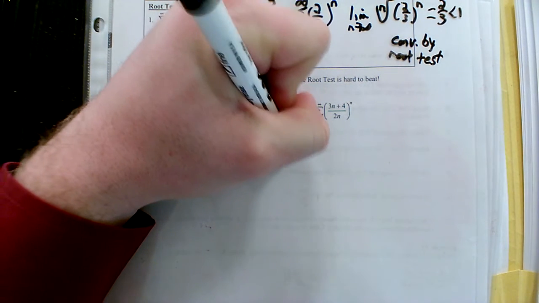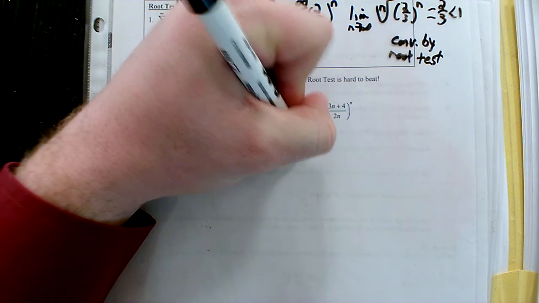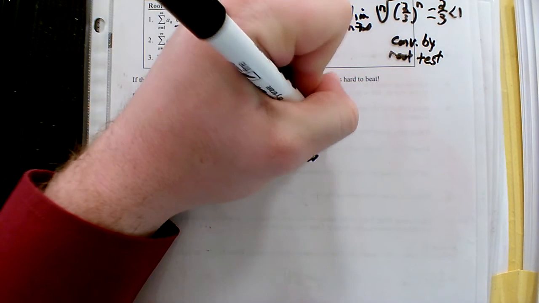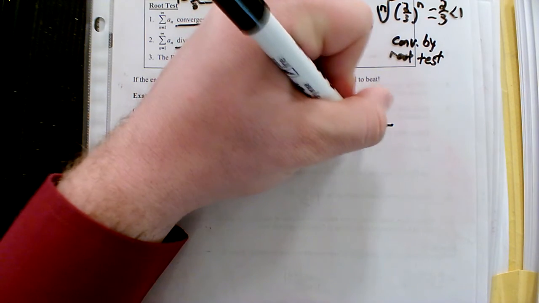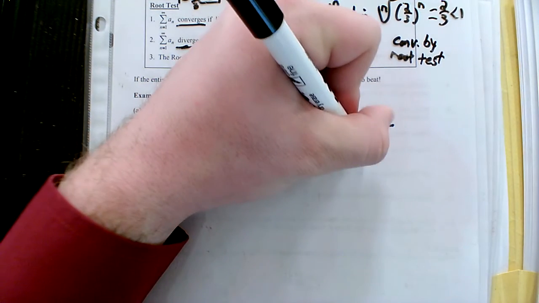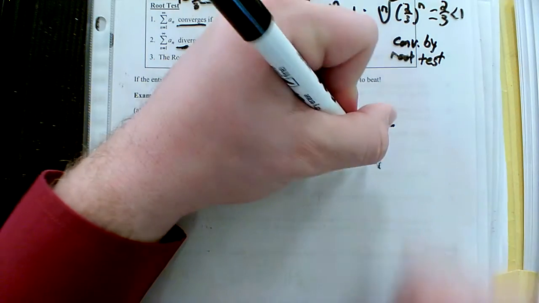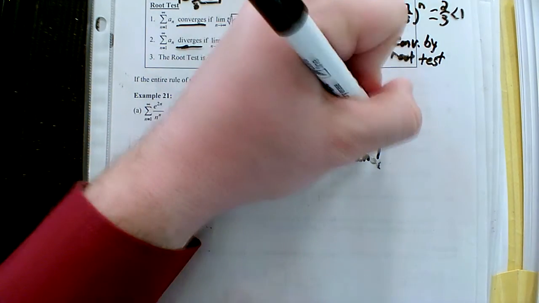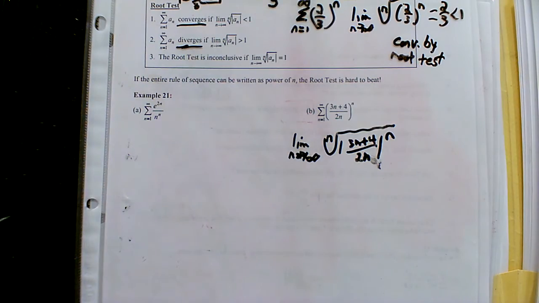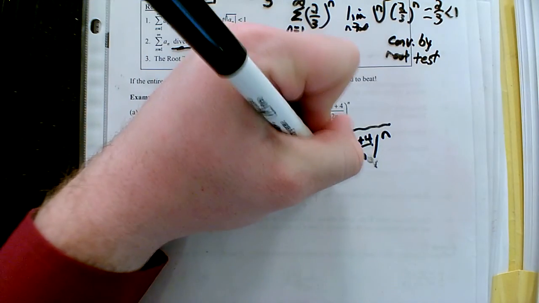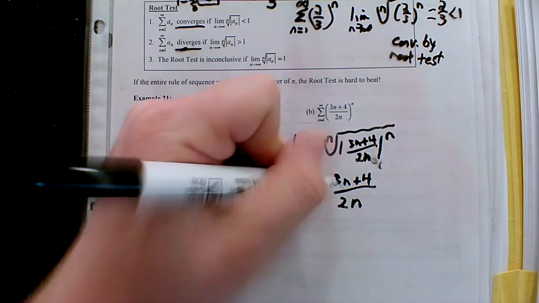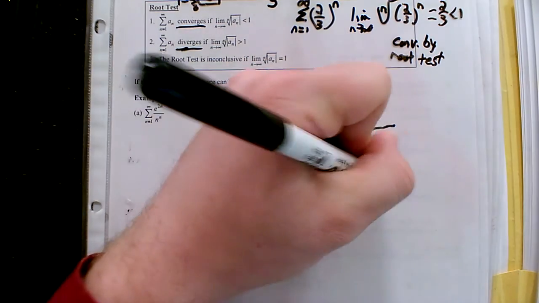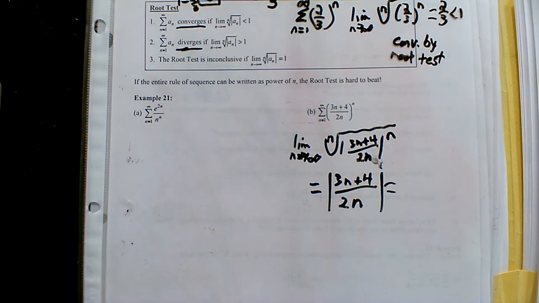So limit as n goes to infinity of the nth root of the absolute value of 3n plus 4 over 2n, and that is to the nth power. The nth root and the nth power cancel each other out.